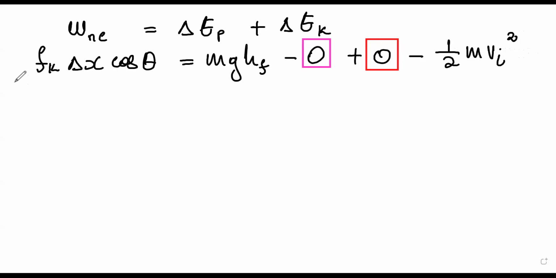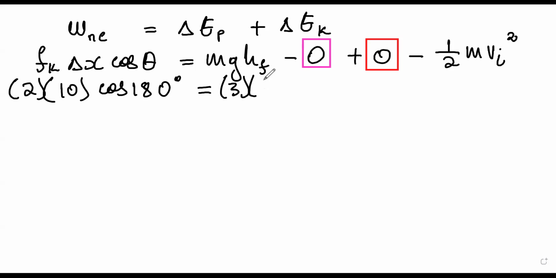Then you come and say the magnitude of the frictional force. They gave it to us as 2 newtons. The displacement is 10. And of course, the angle has to be 180 because the frictional force is in the opposite direction to the displacement. The mass is given to us as 3 kg. Acceleration due to gravity, they don't need to tell us.